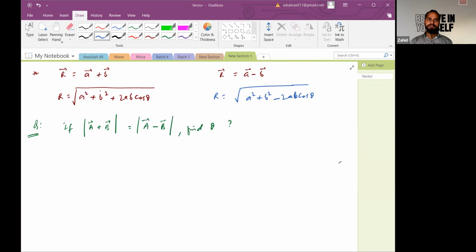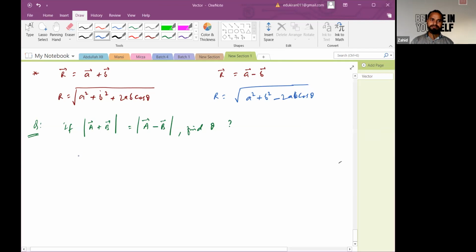Using these two concepts, try to find this term. I'm giving you some hint. Let's say mod of A plus B means resultant in sum.